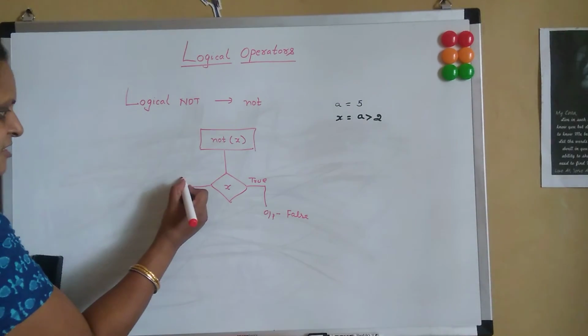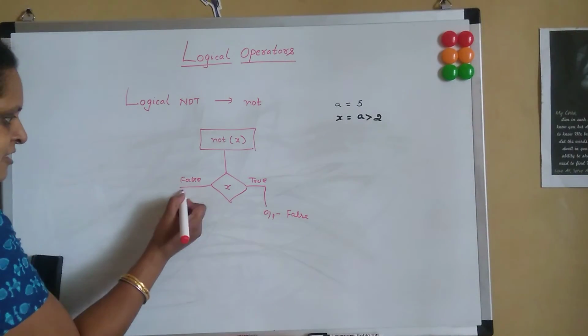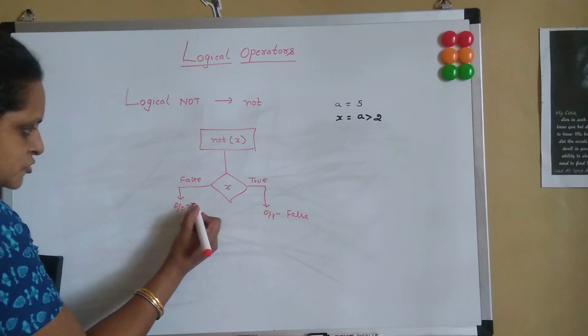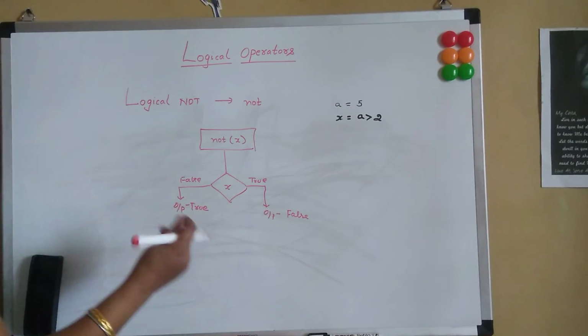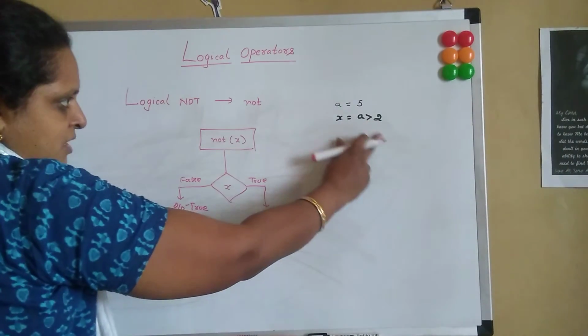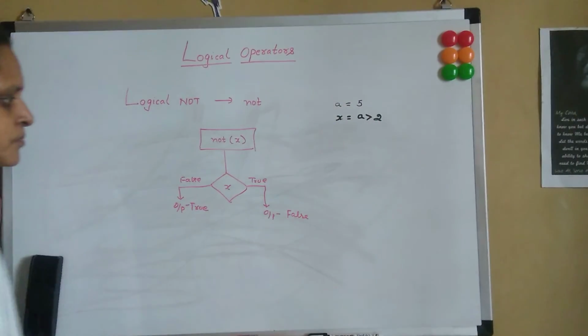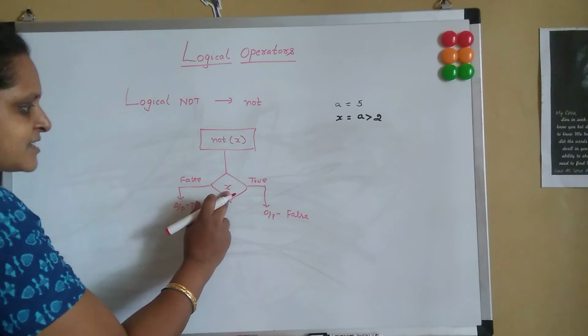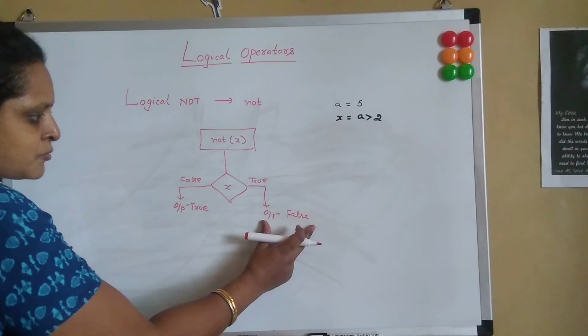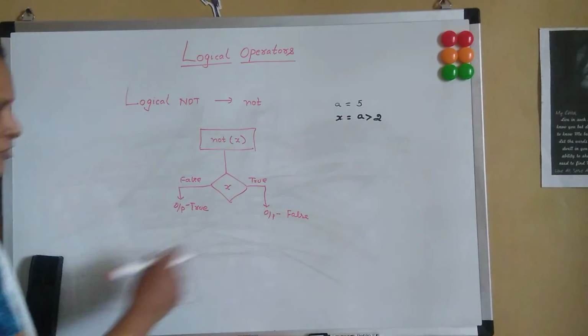And if the condition turns out to be false, the final output turns out to be true. Now, here my X is having the expression A greater than 2. A is greater than 2, the result is true. So the final Boolean output returns to be false.